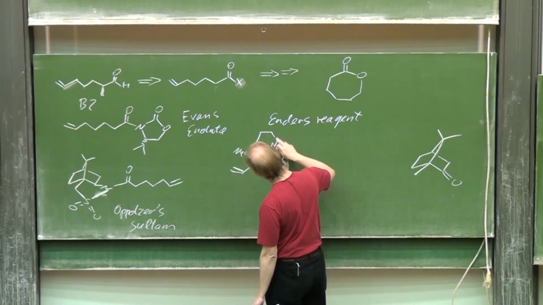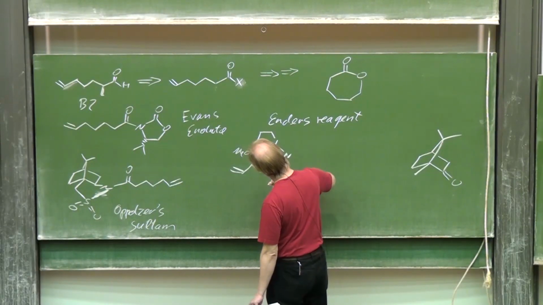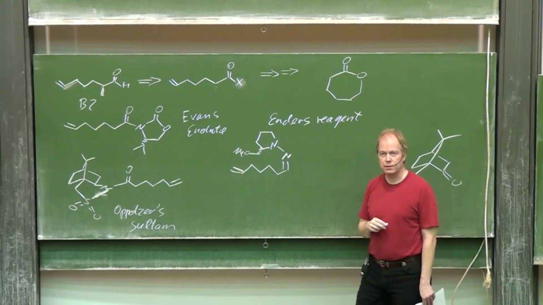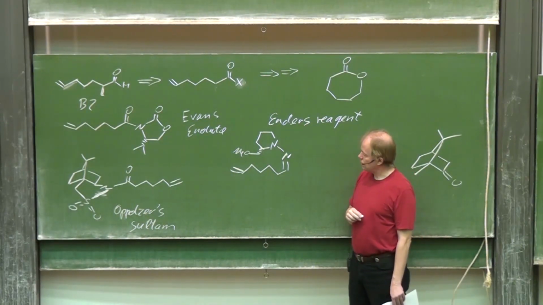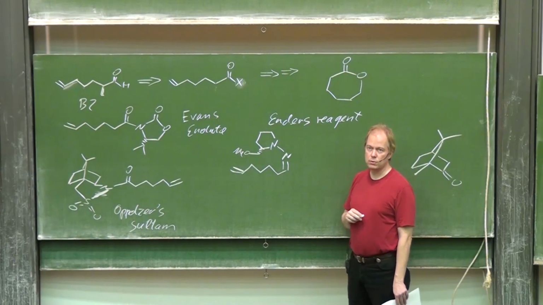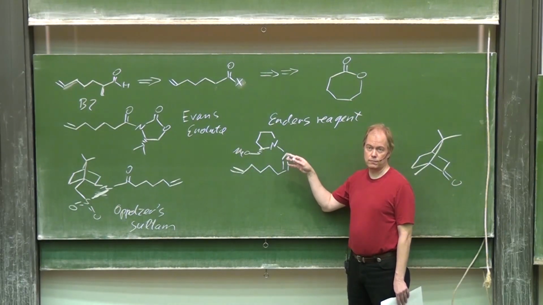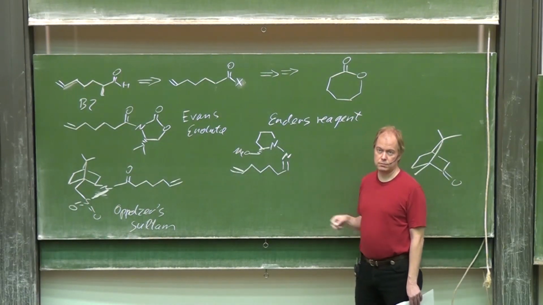It's a pyrrolidine ring. And you of course all know from which chiral pool compound Enders starts in synthesizing that, of course, from the amino acid proline.